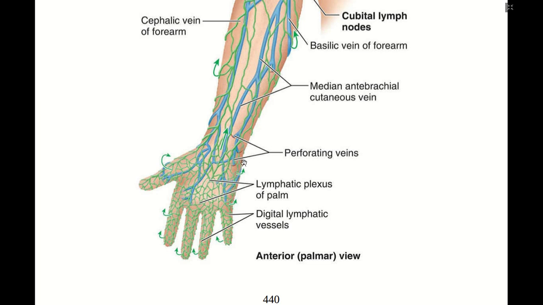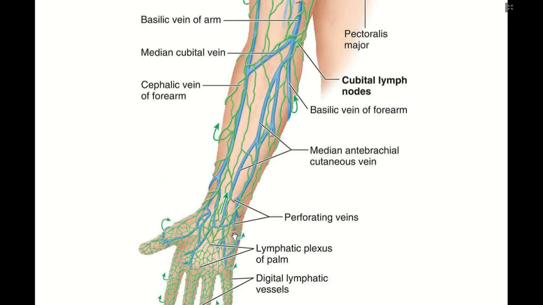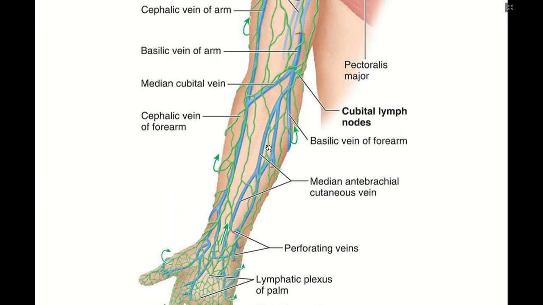So let us take a look. Lymph coming from the third, fourth, and fifth digits and the medial portion of your upper limb drains first into the cubital lymph nodes, also called supratrochlear lymph nodes.